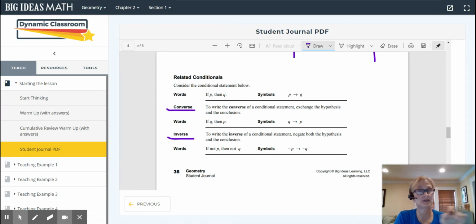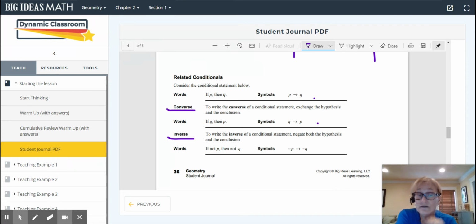That would be P implies Q. However, if you're going to write the converse, you're going to switch those. You're going to say, if I can open the door, then it's unlocked. So it's if Q, which is your conclusion, then P, which is your hypothesis. Again, you can see your symbols are switched here, right?